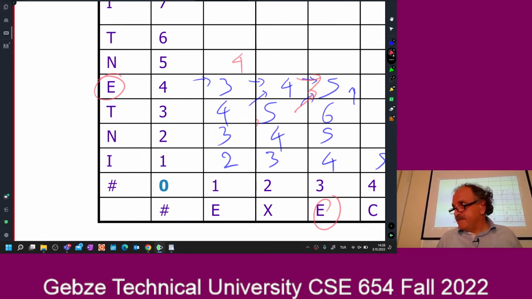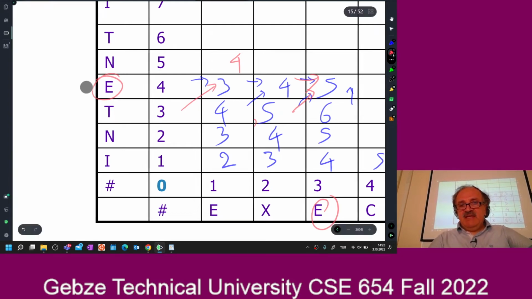Sorry, I have a question. Substitute means replace for the box. Substitute means going this way, okay?